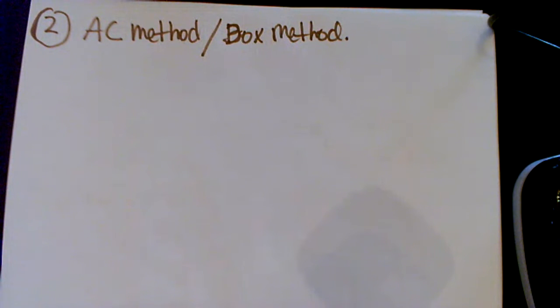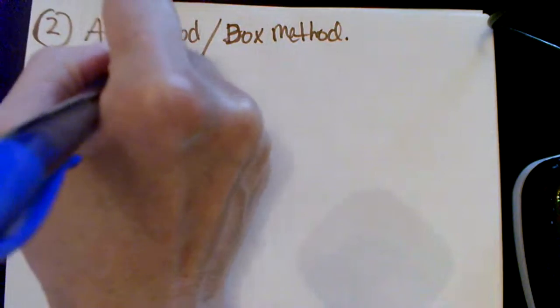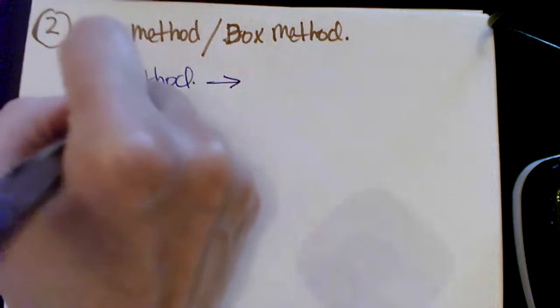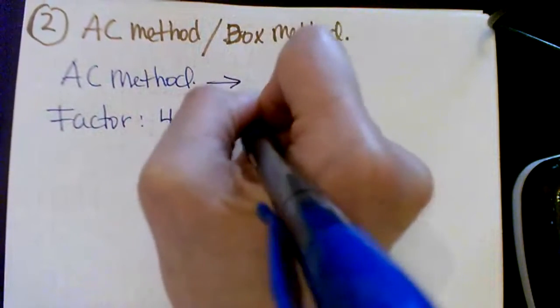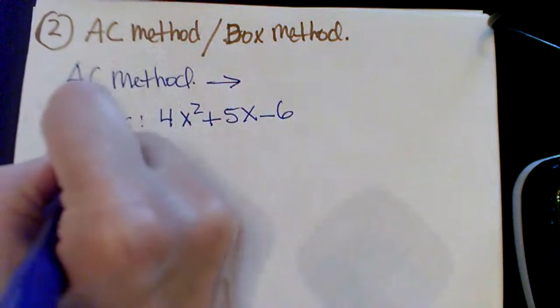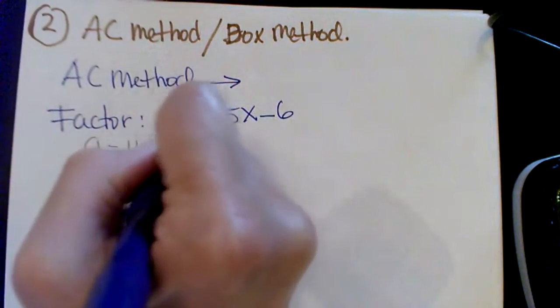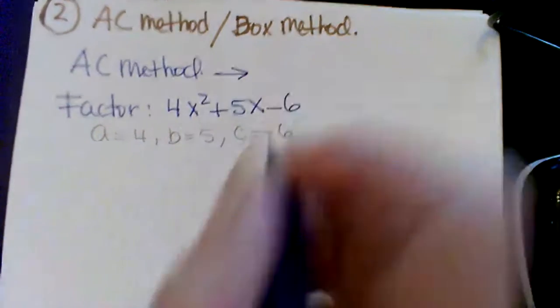So let's do the first one. We are going to do the AC method first. We're going to factor 4x squared plus 5x minus 6, where A is equal to 4, B is equal to 5, and C is equal to negative 6.